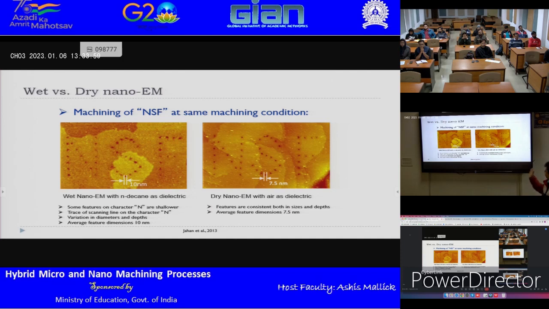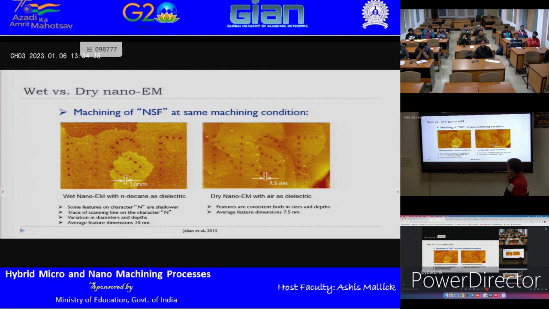In terms of quality, dry EDM versus wet EDM, because field induced evaporation is the main mechanism in dry EDM, we found that for the same energy the hole size is slightly smaller and more controlled compared to wet EDM. For the same nanoscript program, dry EDM gives about 7.5 nanometer hole size, whereas wet EDM is about 10 nanometer.